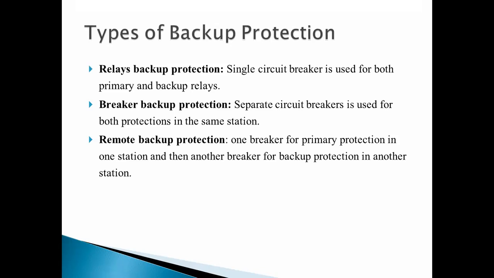First is the relay backup protection, second is breaker backup protection, and third is the remote backup protection. Relay backup protection means we are using a single breaker for both primary and backup protection, that is, backup relays. Breaker backup means we are using separate circuit breakers, and remote backup protection means we are using one breaker for primary protection and another circuit breaker for the other station. That is the remote backup protection.